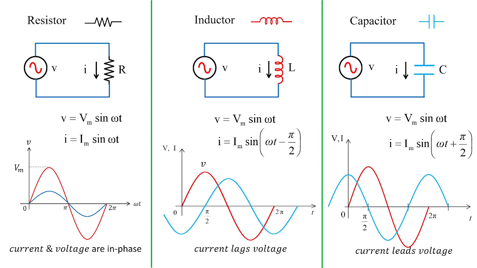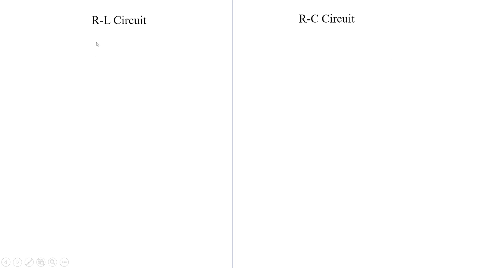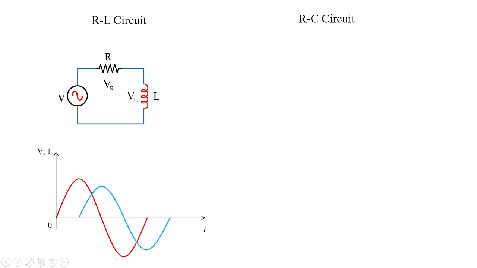In today's session, we are going to see this voltage and current which are lagging or leading when the resistor is combined with inductor and when the resistor is combined with capacitor. So when RL circuit is there, this is how the source voltage is driving the passive elements, and since it's RL circuit, the inductor plays an important part over here, and that is why the current lags voltage.